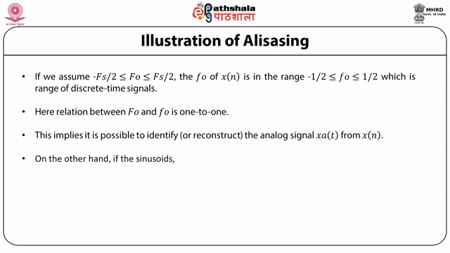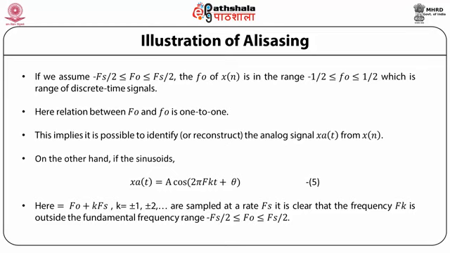On the other hand, if the sinusoids x_a(t) equal to A cos(2 pi F_k t plus theta), where F_k is equal to F naught plus k Fs, and k varies as plus or minus 1, plus or minus 2 and so on, are sampled at a rate of Fs, it is clear that the frequency F_k is outside the fundamental frequency range, that is, F naught varying from minus Fs by 2 to plus Fs by 2.